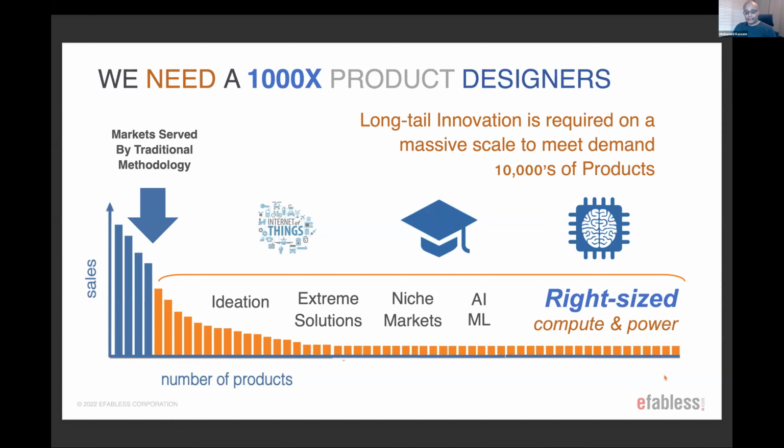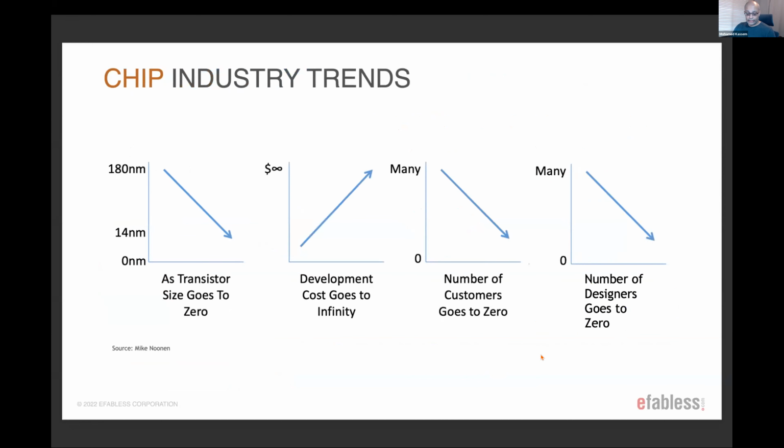If you think about this long tail, the orange part of this chart, if these are tens of thousands of products that need custom chips, first of all, you need people who know how to do it. Second, you can sometimes use automation, but most importantly, you need to reduce the cost so that it makes sense economically. So this is going against what's happening in the industry today.